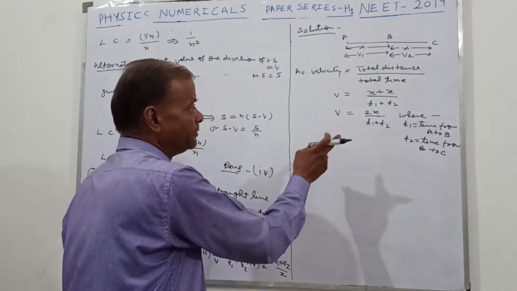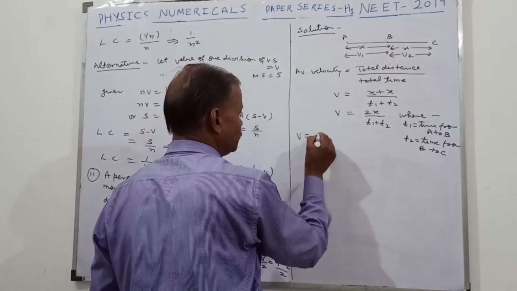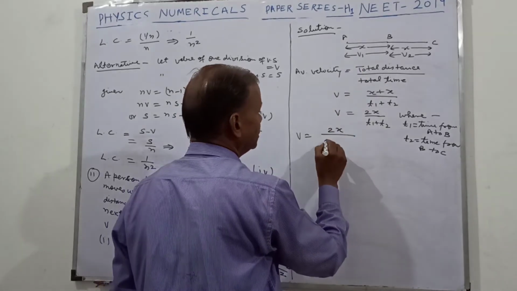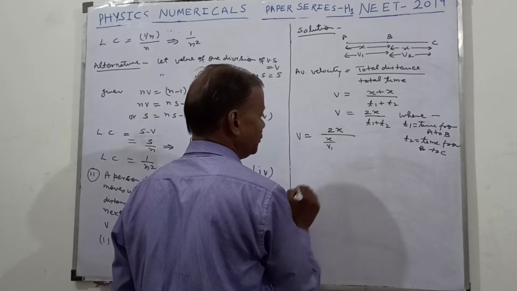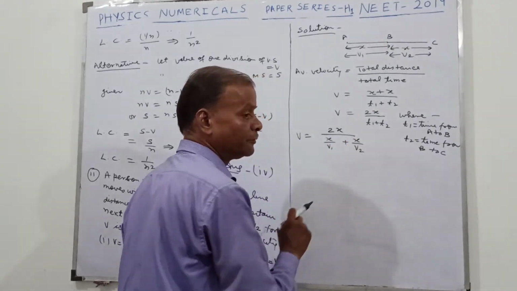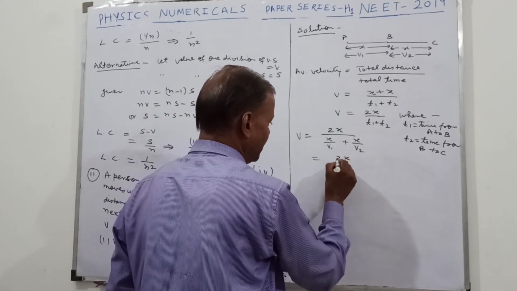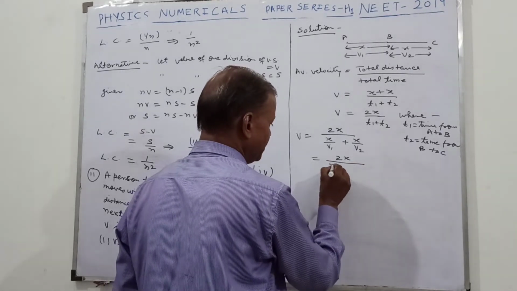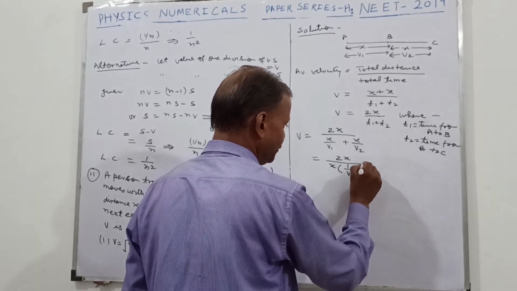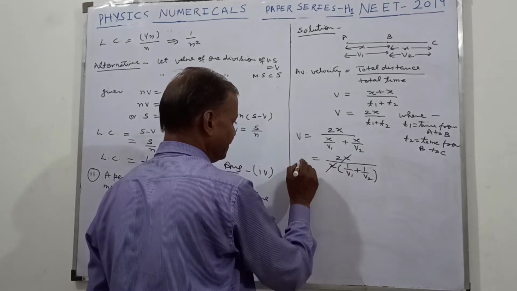We are not given the values of t1 and t2, so we find them here. t1 equal to x upon v1, t2 equal to x upon v2, distance upon velocity. So v equal to 2x upon, now we take x common, 1 upon v1 plus 1 upon v2. x will cancel. This is now your v.